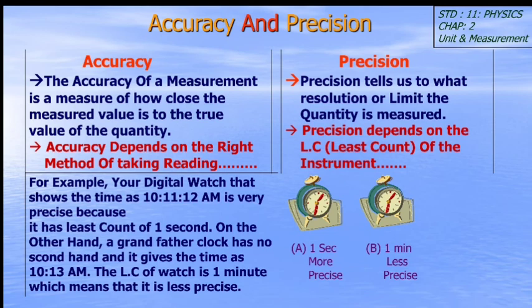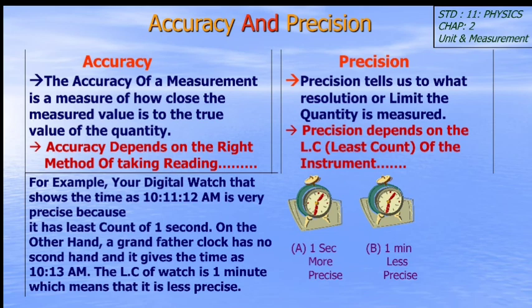Precision. What is precision? Precision tells us to what resolution or limit the quantity is measured. Precision depends on the least count of the instrument. For example, your digital watch that shows the time as 10, 11, 12 am is very precise because it has a least count of 1 second.